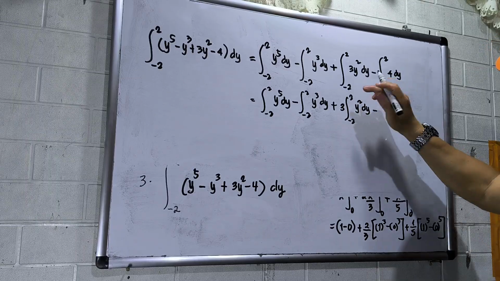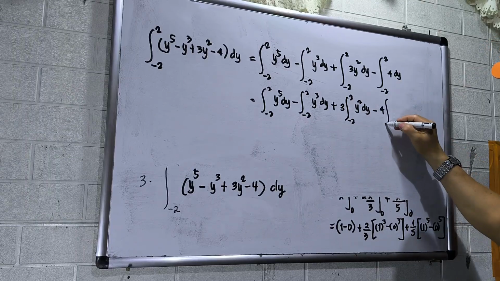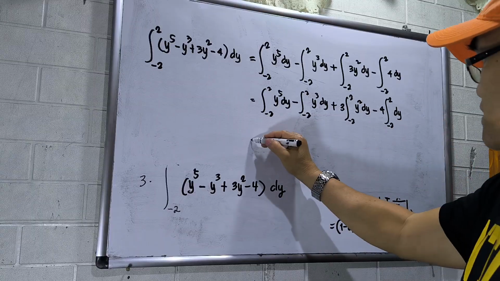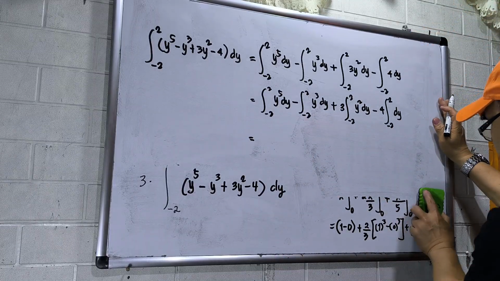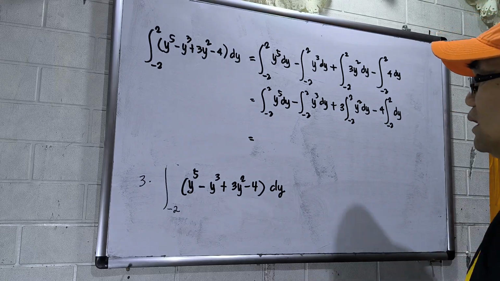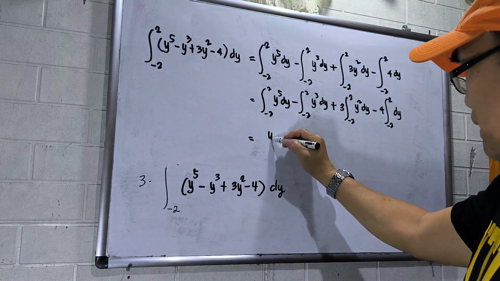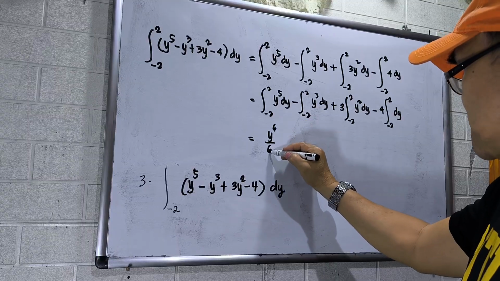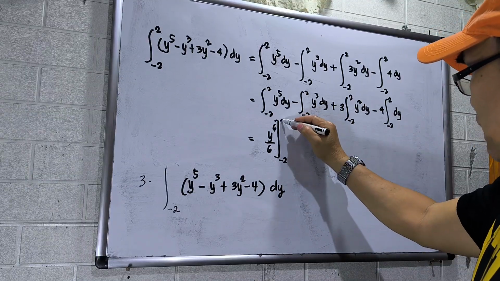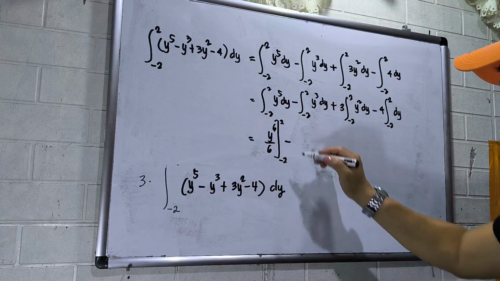Then the constant will also be placed outside of the integration symbol, negative 2 to 2 dy. Okay, so integrate y to the fifth, n plus 1, so 5 is our n plus 1, that will be y to the 6 over 6. Then limits from negative 2 to positive 2. Then minus.